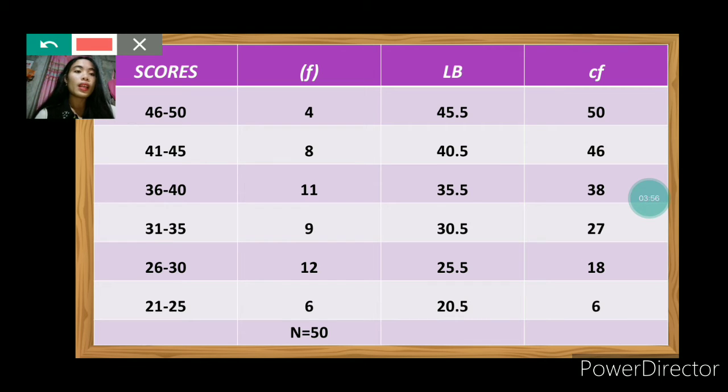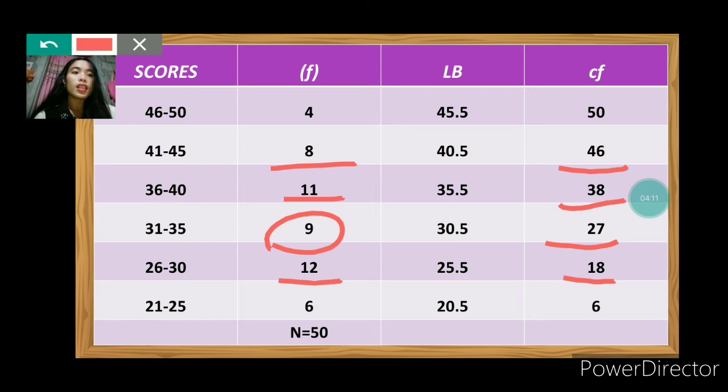So we have here 6, then we add the 12, we come up with 18. Then 18 plus 9, we come up with 27. 27 plus 11, we come up with 38. 38 plus 8 is 46, and 46 plus 4, we get 50.